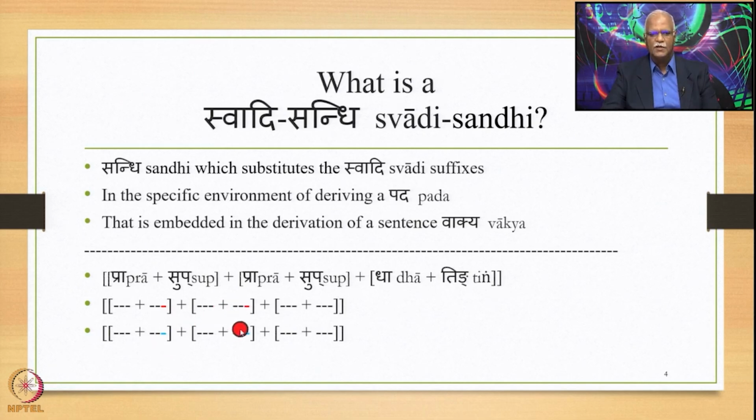Similarly, in between these two padas, this is a subanta, this is a sup, and this is a tinganta, at the beginning of which appears a verbal root, a dhatu. So now this sup has got a particular element at the end, and this dhatu has got another particular element at the beginning, and then in this environment this particular element gets substituted by another element.